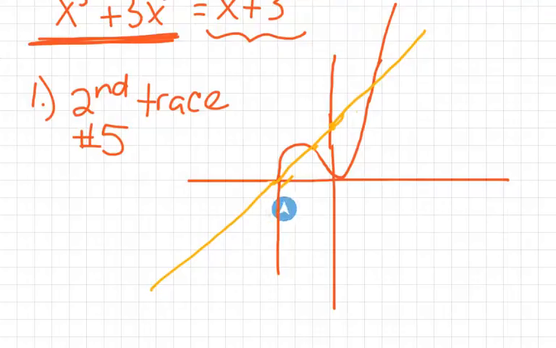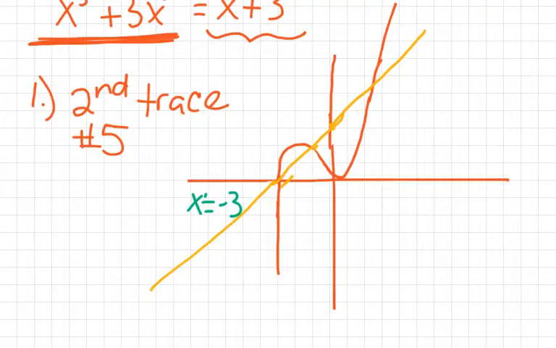I'm going to hit enter. Now the blinking dot moved up here, and it says second curve. I'm going to hit enter again. Guess, hit enter one more time. And it gives me that point of intersection of x equals -3, which we can tell by our graph. Okay, so I have to do the same thing 2 more times to get these points of intersection.